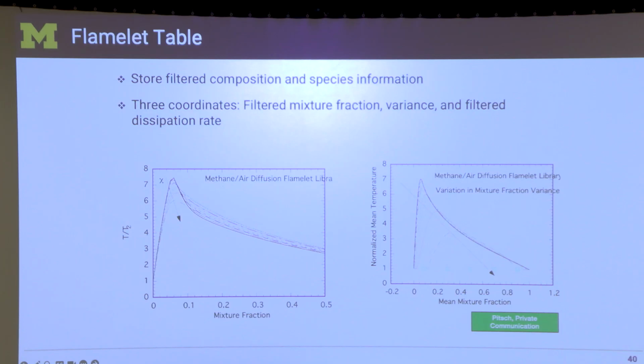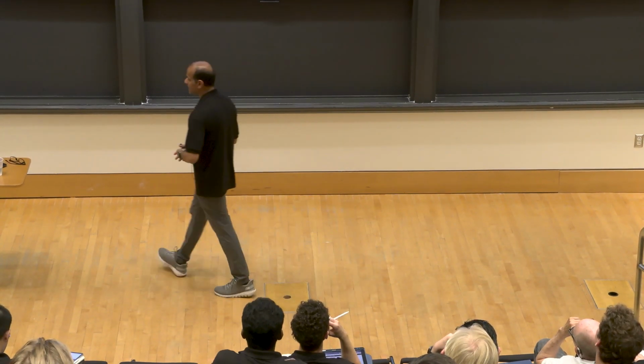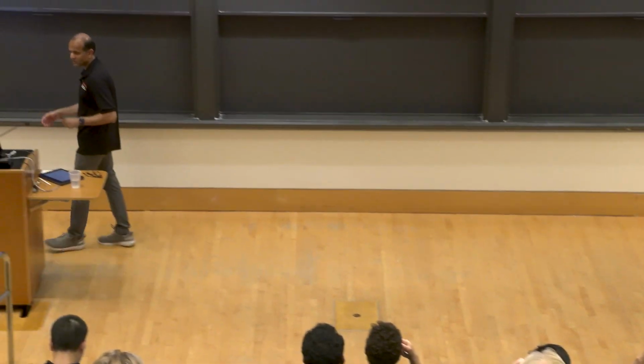And this whole table, instead of one equilibrium solution, now has a range of solutions. So I can blow this up very close to where the changes are happening, and you see that the mean temperature changes quite a bit based on what your dissipation rate looks like. So this adds complexity to the original equilibrium model. Now it depends on the local strain rate, how these variables will actually change.